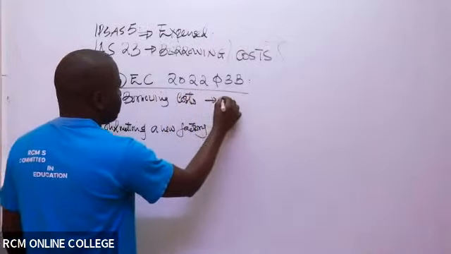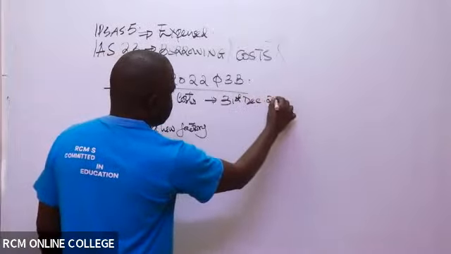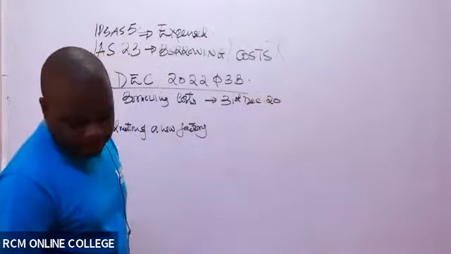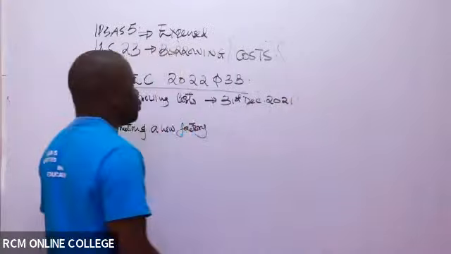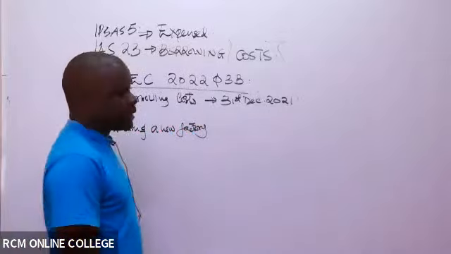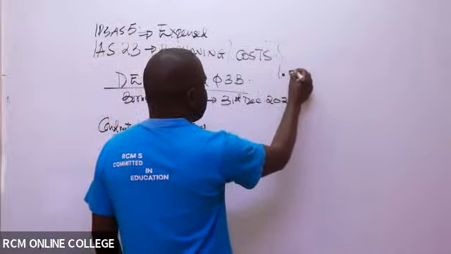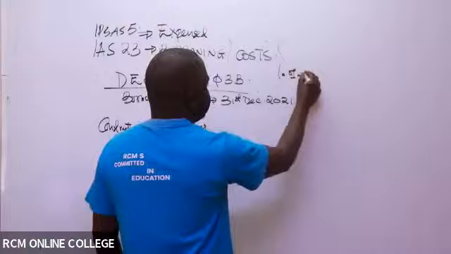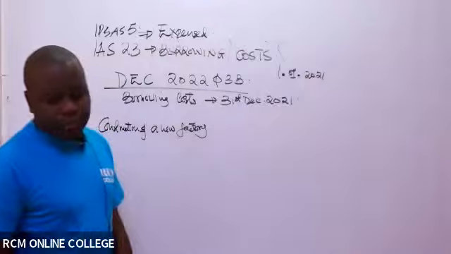So this is for the year ended 31st of December 2021. Remember, we are told that this amount was borrowed on 1st of January 2021.